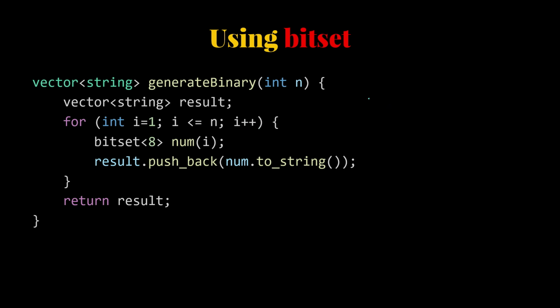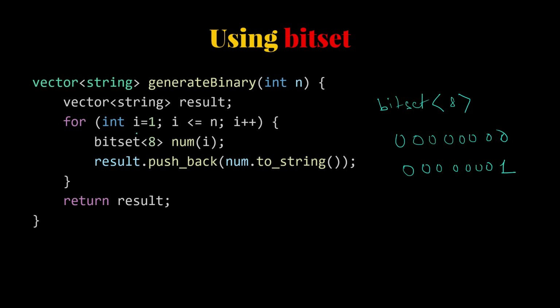When we say bitset of 8, it means we have created a binary number of 8 bits, and we are instantiating it with the number 1, so it will store 00000001.